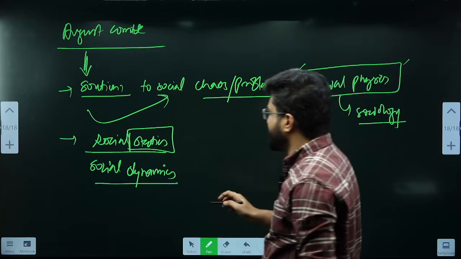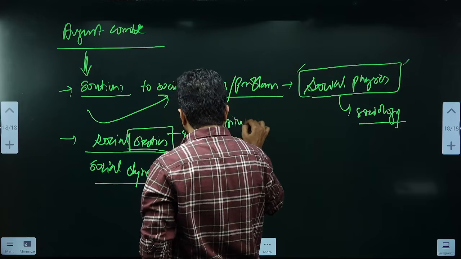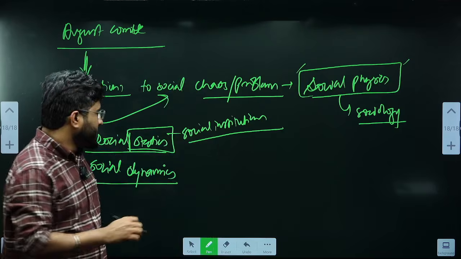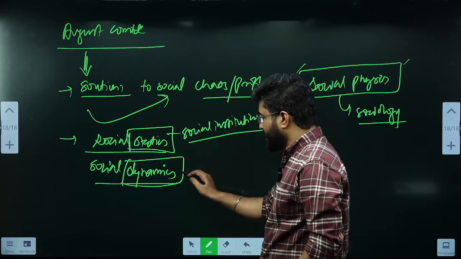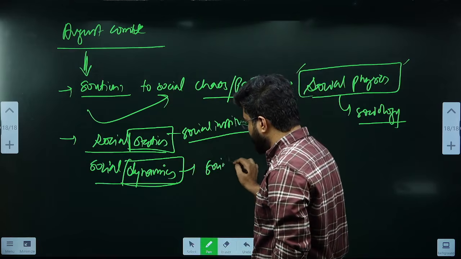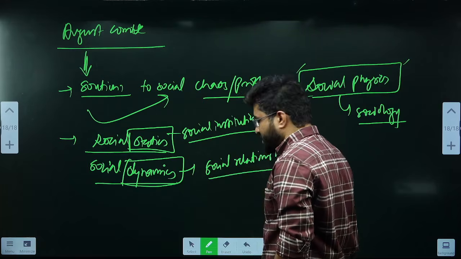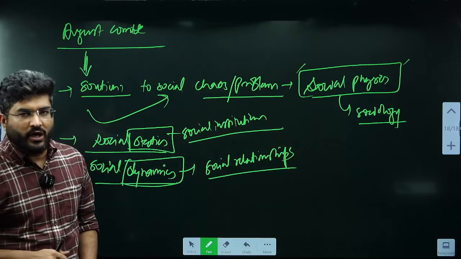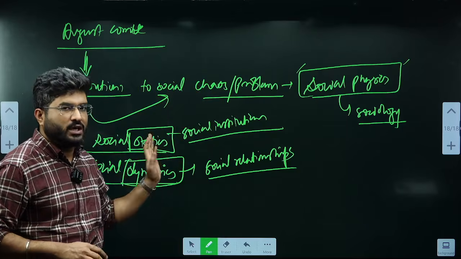Some social institutions like family, religion, etc., are static in society. But there will be some changes. Dynamics means there are some changes in society, like how social relationships change in society. Okay, so we need to give importance to both social statics and social dynamics.